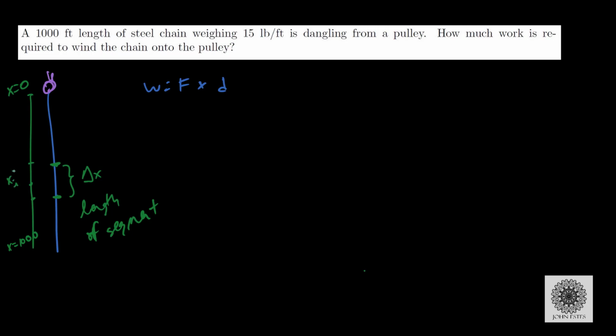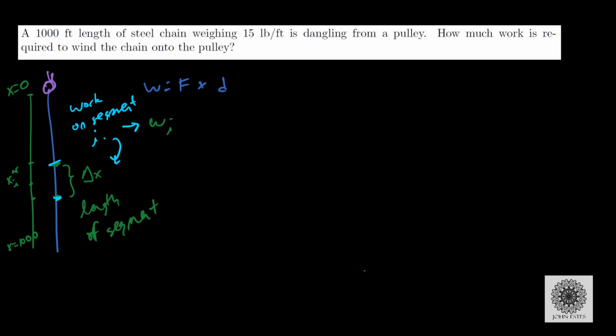And so I'm going to have an xi star, and that may sound familiar if you've dealt with Riemann sums before. Now, by Wi, I mean the work on segment i. So that's this part here. How much work is being done to calculate that. So that's what I mean by Wi.